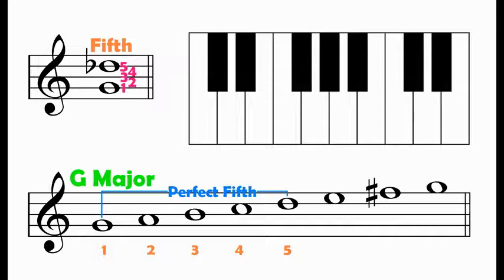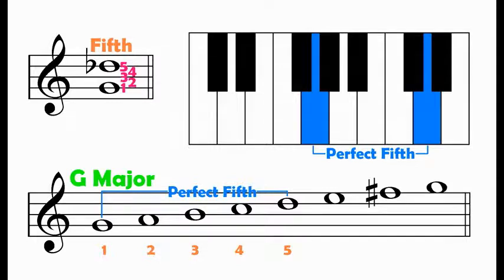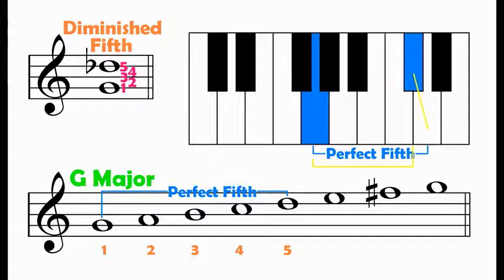The perfect fifth would be G to D, and when I transfer this interval to the keyboard and then change the D to a D flat, I can see that I have made my interval smaller or diminished. Therefore, the interval between G and D flat is called a diminished fifth.